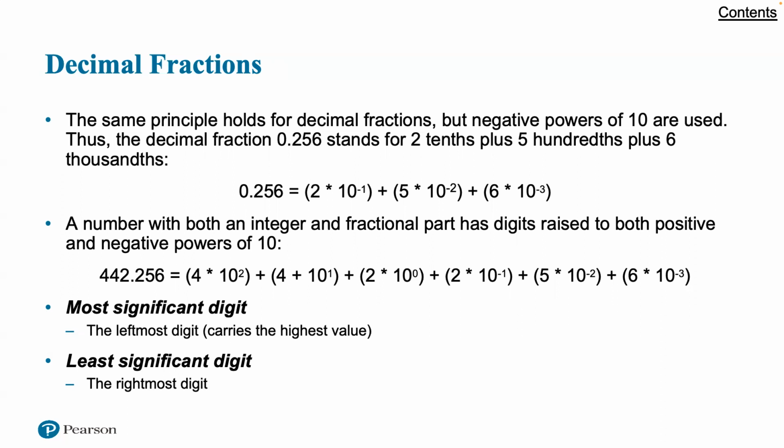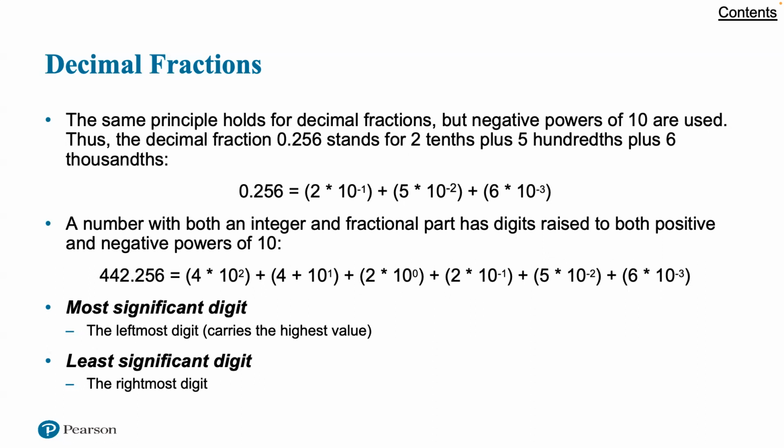A number with both an integer and fraction part has digits raised to both positive and negative powers of 10. So if we wanted to consider 442.256, it would be 4 times 10 to the 2, 4 times 10 to the 1, 2 times 10 to the 0, plus 2 times 10 to the minus 1, plus 5 times 10 to the minus 2, and 6 times 10 to the minus 3.